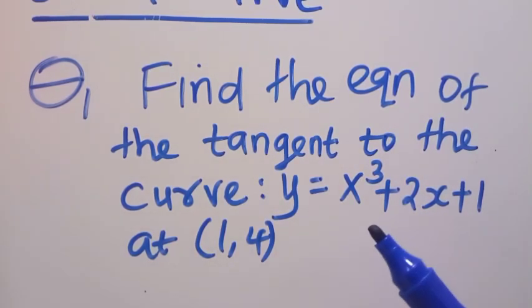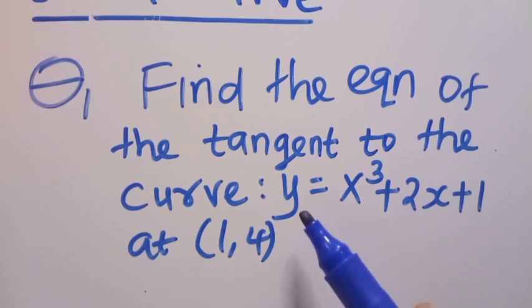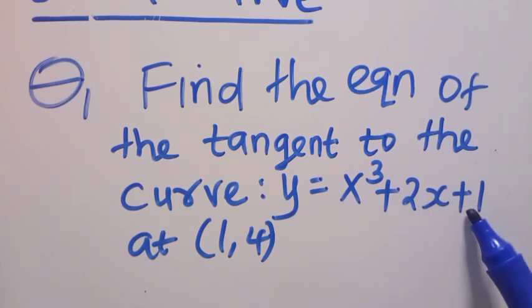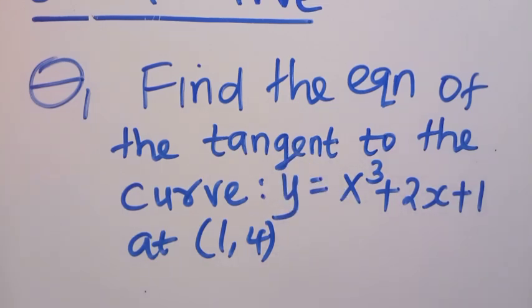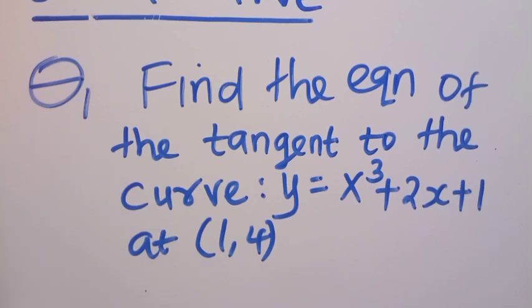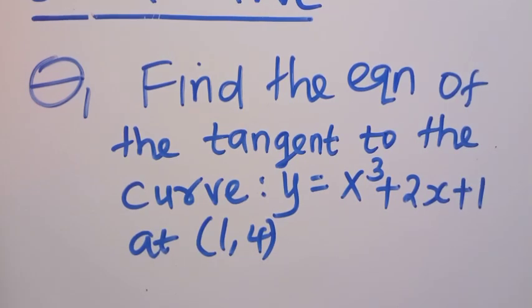Now I have said that the gradient of this curve is the same as the gradient of the tangent. Let us recall the equation of parallel lines in Form 2: two lines are parallel if they have the same gradient.